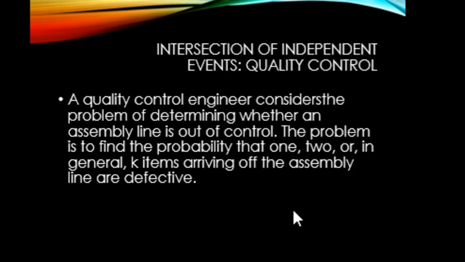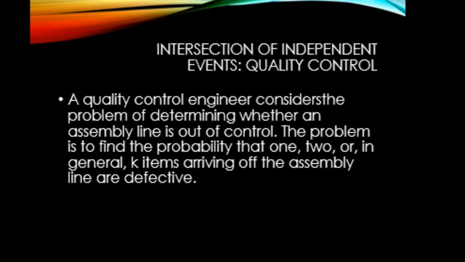Okay, here is in general how we can use the intersection of independent events. Let's say the quality engineer considers the problem of determining whether an assembly line is out of control. Basically, in this problem, we need to find the probability that 1, 2, or in general, k items arriving off the assembly line are defective.